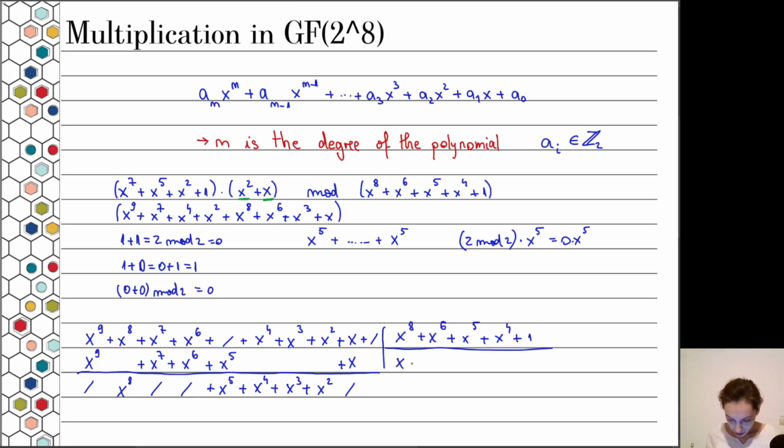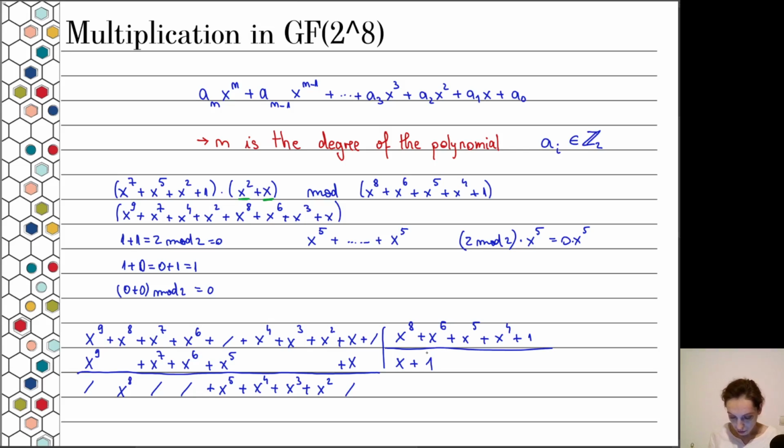So we will write here a plus, and we will multiply by 1, because we will have 8 minus 8, which is 0, and we will have x powered by 0, which is 1. So we will write here 1, which is x powered by 0.